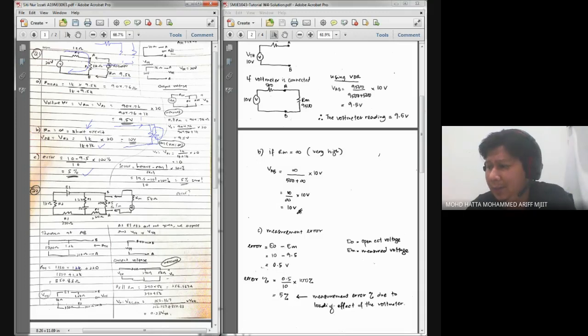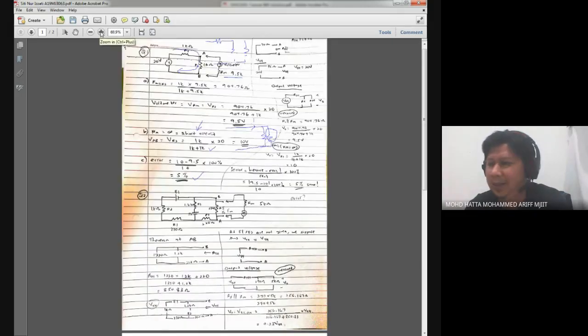So here we have a measurement error percentage of 5%. And I believe Izati also got 5% over here, but her solution compared to mine is a bit different. But I think the way she answered over here is correct.